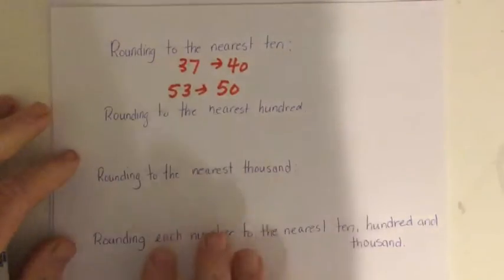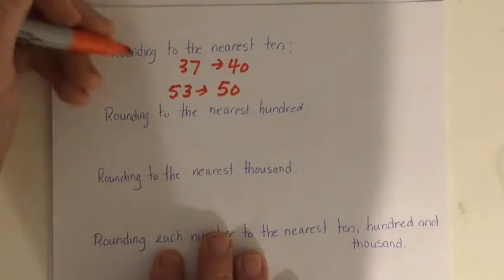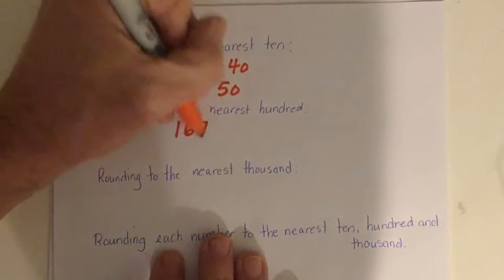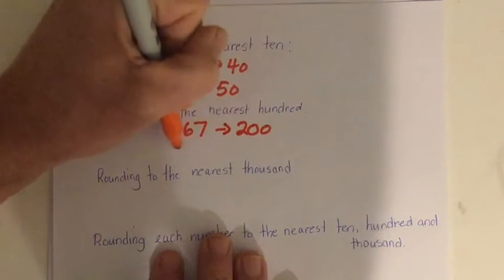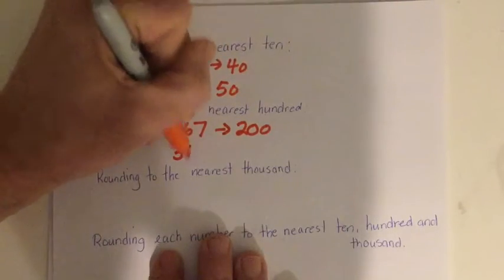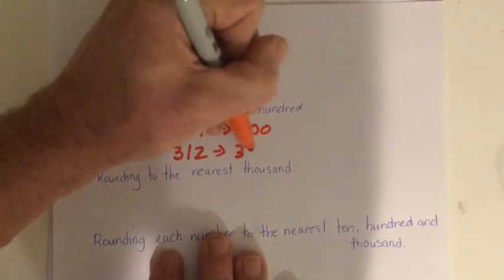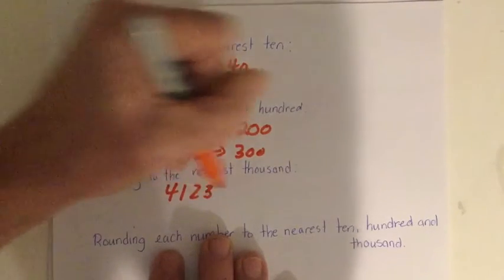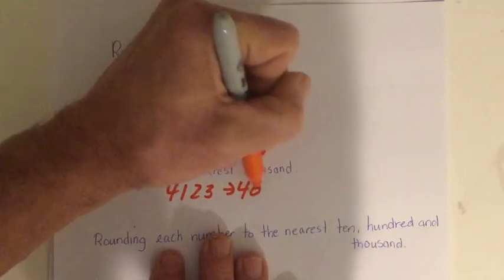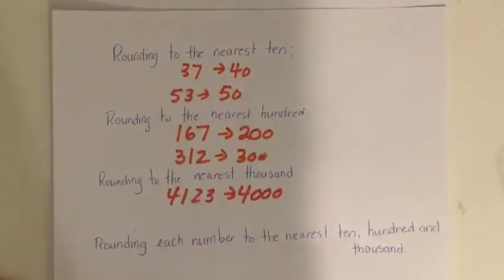If I ask them to round 3-digit numbers to the nearest 100, say 167 rounds up to 200, 312 rounds down to 300, they're going to ace that. Same with thousands. That's going to round down to 1,000. They're going to ace that.